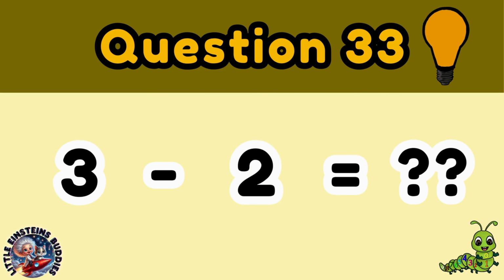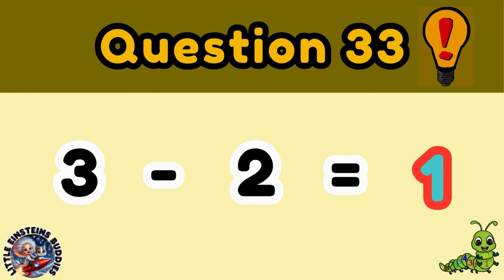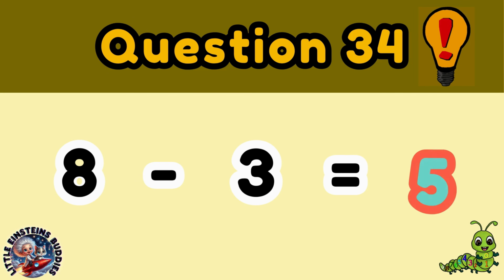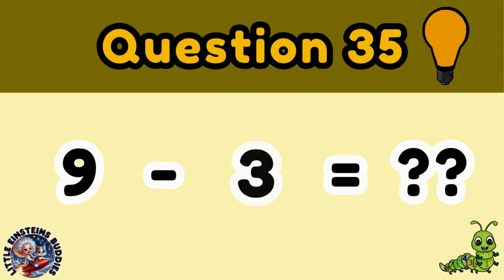Question 33. 3 minus 2 is equal to. One. Question 34. 8 minus 3 is equal to. Five. Question 35. 9 minus 3 is equal to.